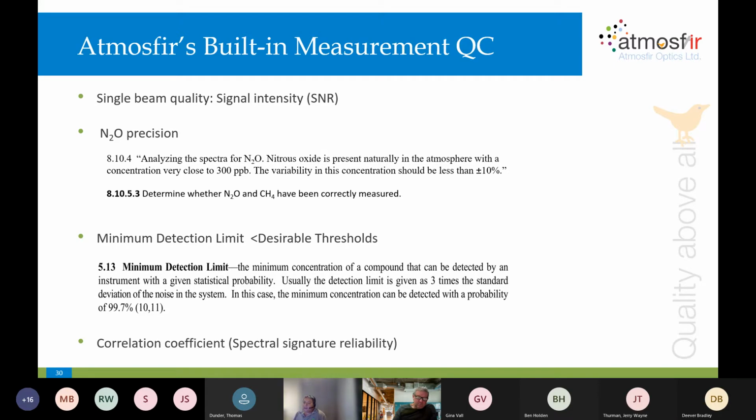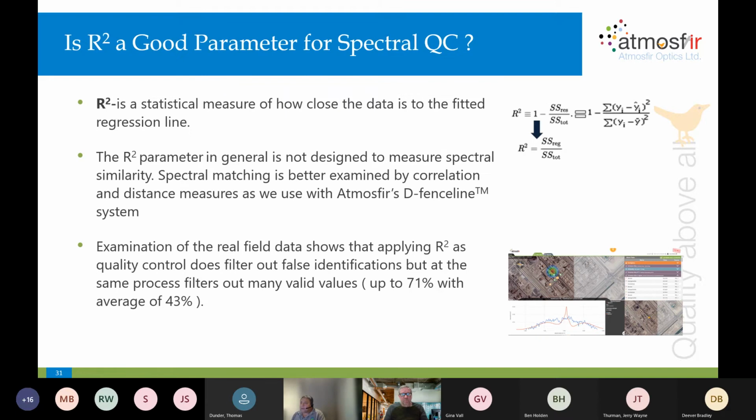And the last thing, we want to do a correlation coefficient, what I call spectral signature reliability or spectral validation. One of the problems that I find with other integrators or equipment manufacturers is that they use the R square.